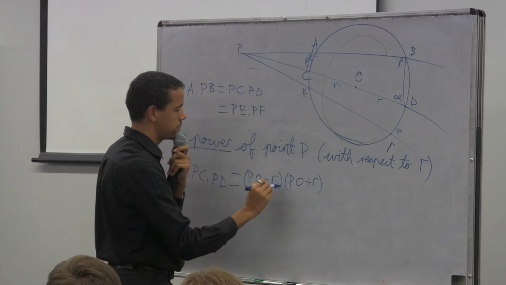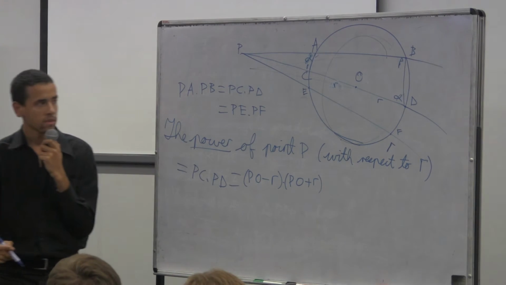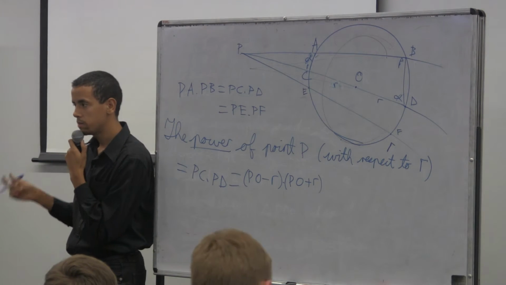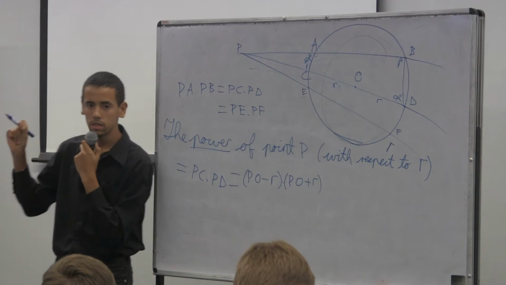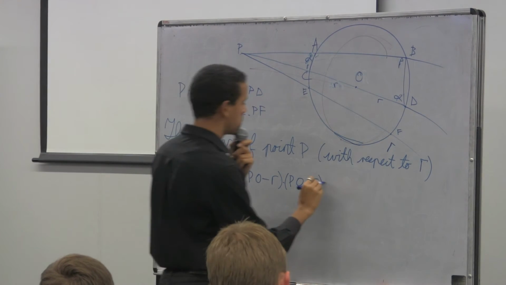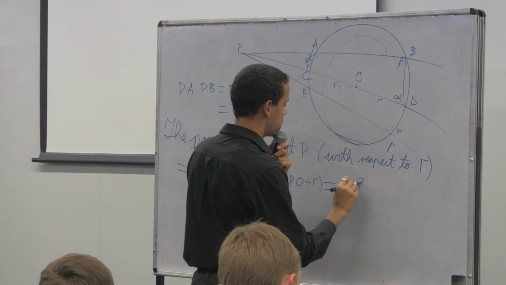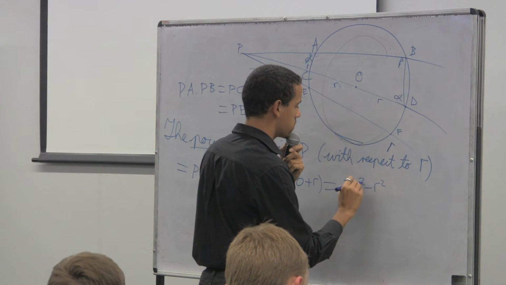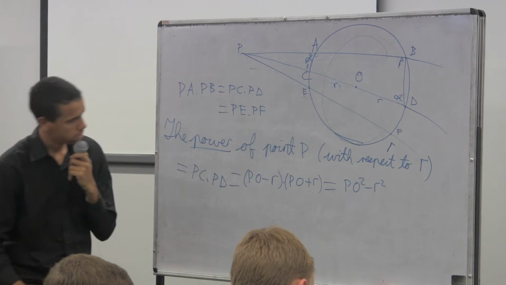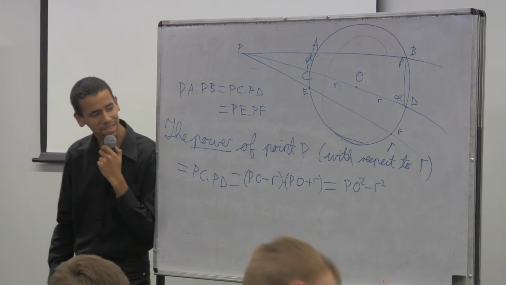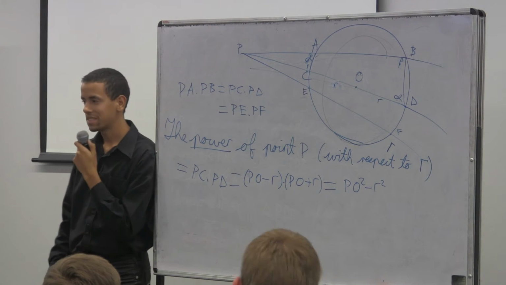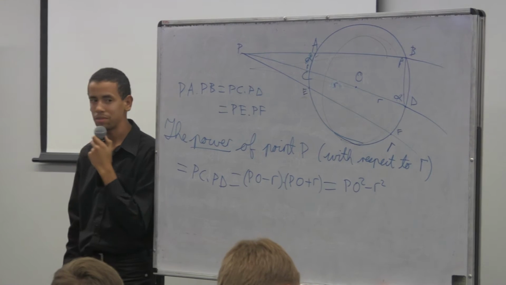PO minus R. So it's PO minus R times PO plus R. You should know what this is. What does it give you? PO squared minus R squared, because of difference of squares.